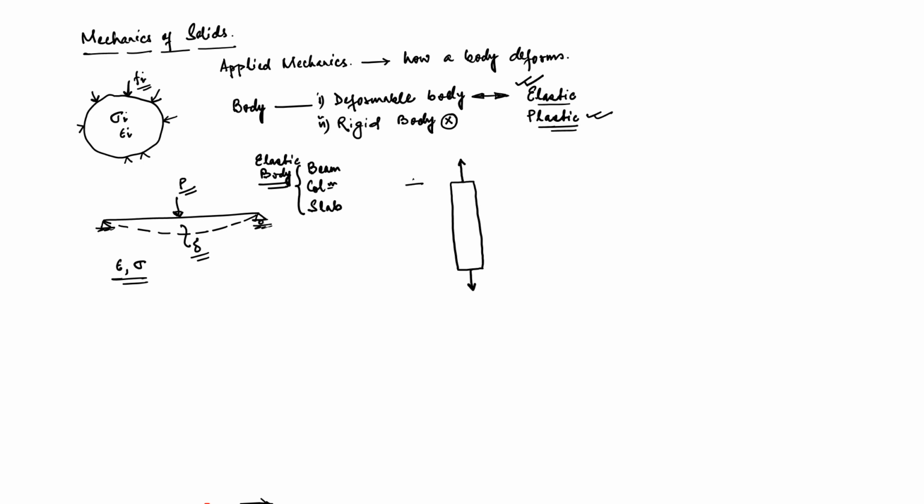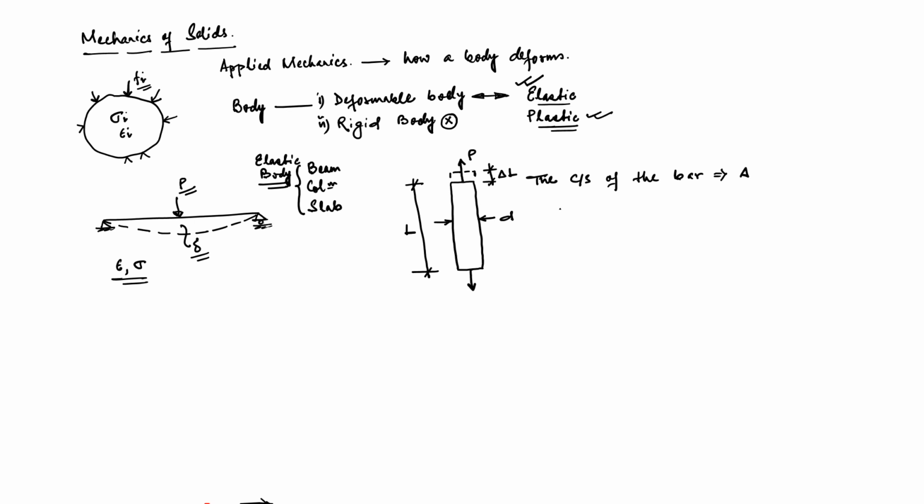Now, the total length of this bar is L, and let the diameter of the bar be D, and we apply a force of P. The cross section of the bar is equal to say A. Now, the moment we apply this tensile force, it will cause an elongation in the bar, and say this amount of elongation be delta L.